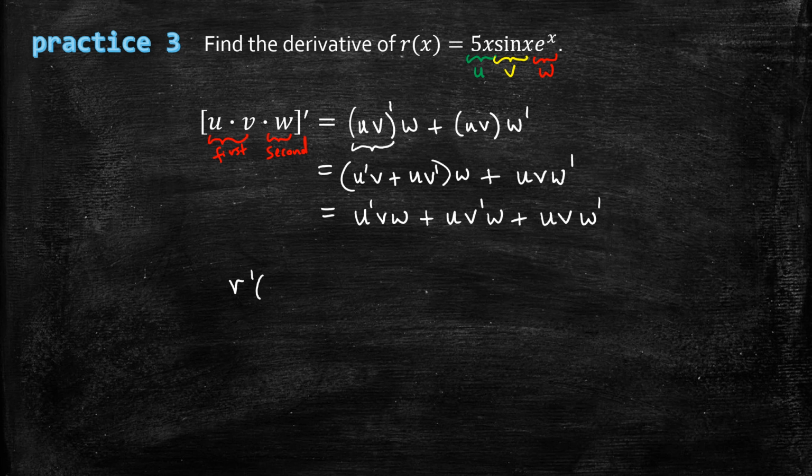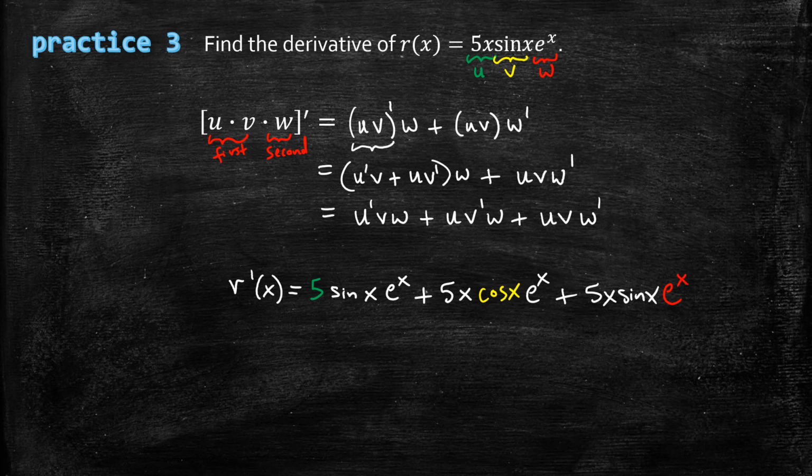So if we want r prime of x, rather than writing u, v, and w all out, we just go in stages. So the derivative of u would be 5, and then times sine x e to the x, plus 5x times the derivative of the second function, sine x, which is cosine x, times e to the x, plus 5x sine x times the derivative of the third function, e to the x.